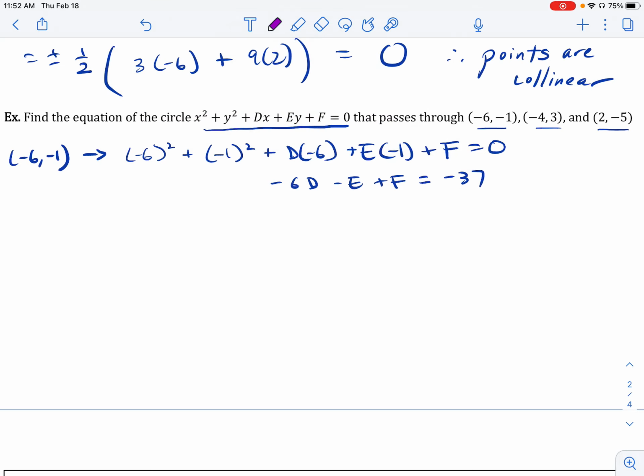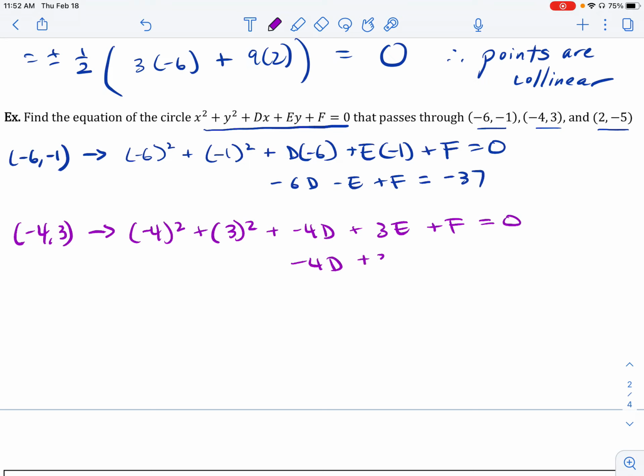And again, just to set this up for you, so -4, 3 would give me the following. -4 squared plus 3 squared plus -4d plus 3e plus f is equal to 0, which would then clean up nicely to the following. Let's see, 16 plus 9, so I'm going to write -25 over here.